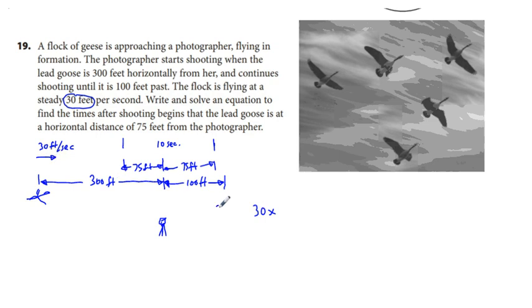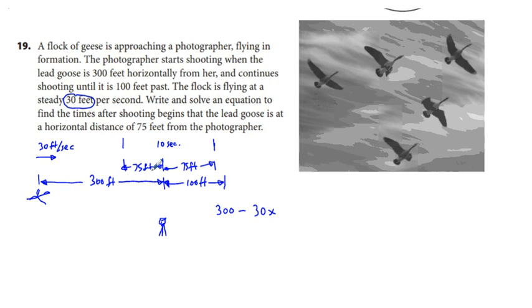So if we take 300 minus 30x, I hope you can see that at time 0, if we plug in 0 for x, we're going to be 300 feet away. 10 seconds later, if we plug in 10 for x, we're going to have 300 minus 300, or 0. So this expression matches.